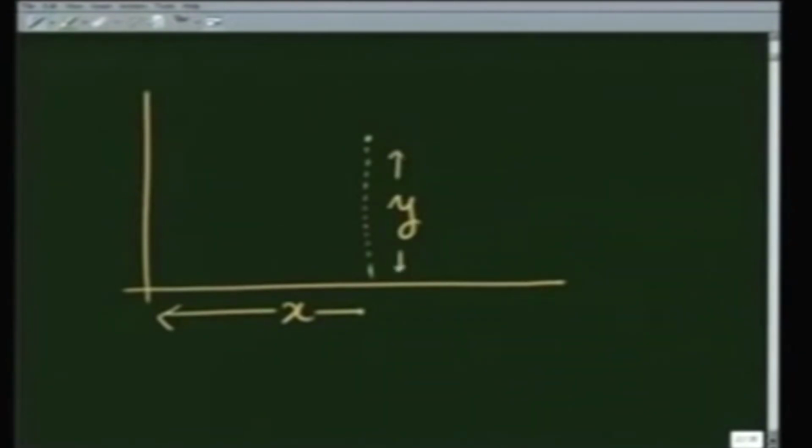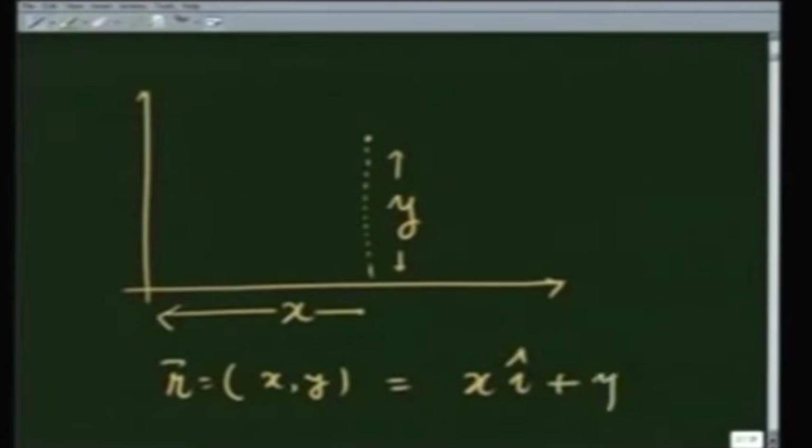So that I would write that r in this plane is given by x, y, or the vector x unit vector i in x direction plus y unit vector j in y direction.